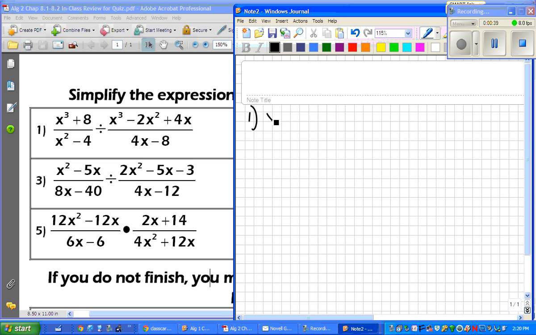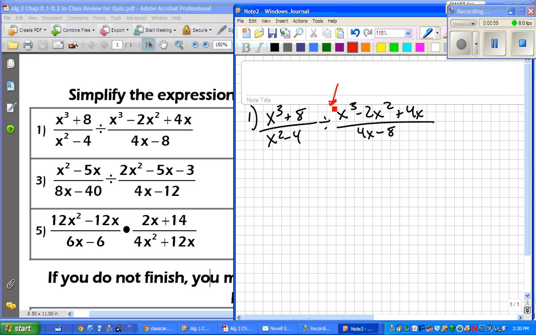For the problems. So we've got x cubed plus 8 over x squared minus 4 divided by x cubed minus 2x squared plus 4x all over 4x minus 8.